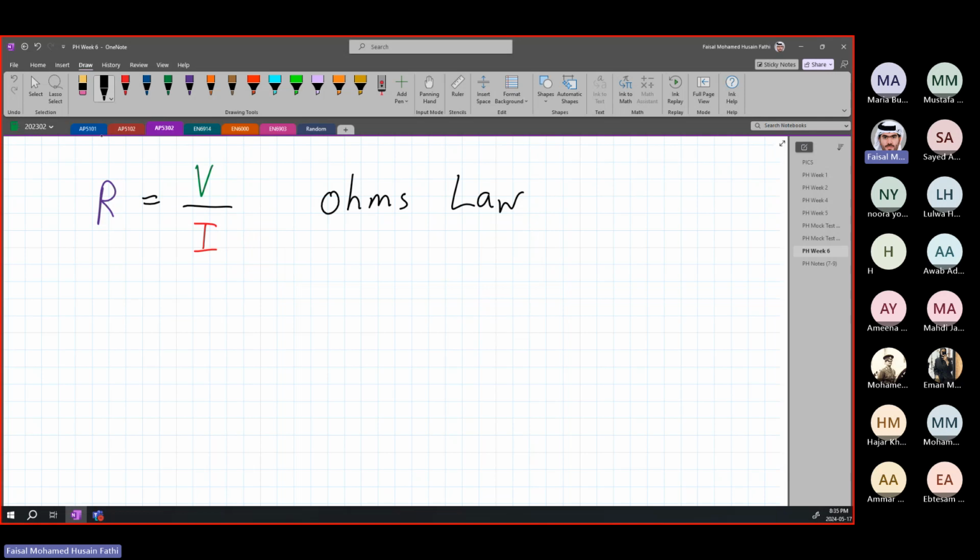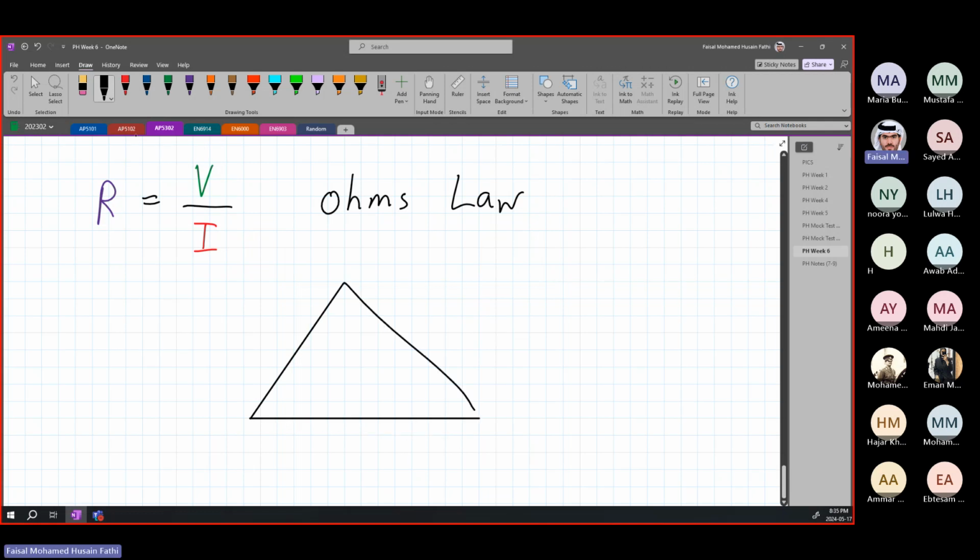The way you guys can remember this equation is using something that usually people use called the Ohm's triangle. All right, so Ohm's triangle. What is Ohm's triangle? So you're going to have something like this.